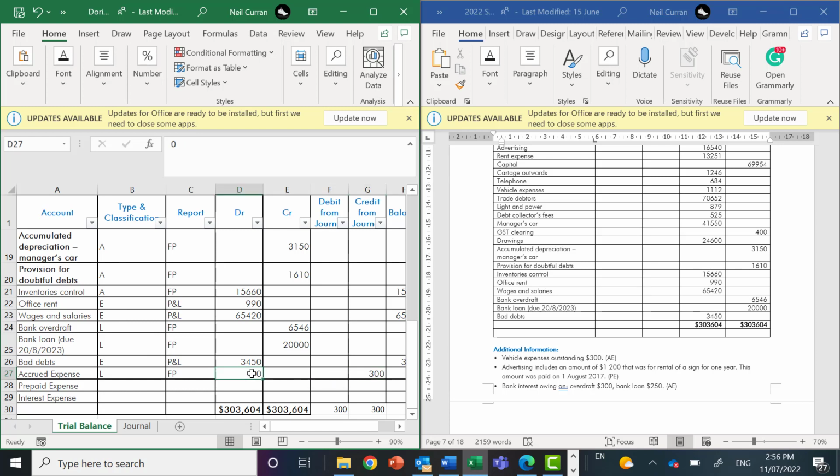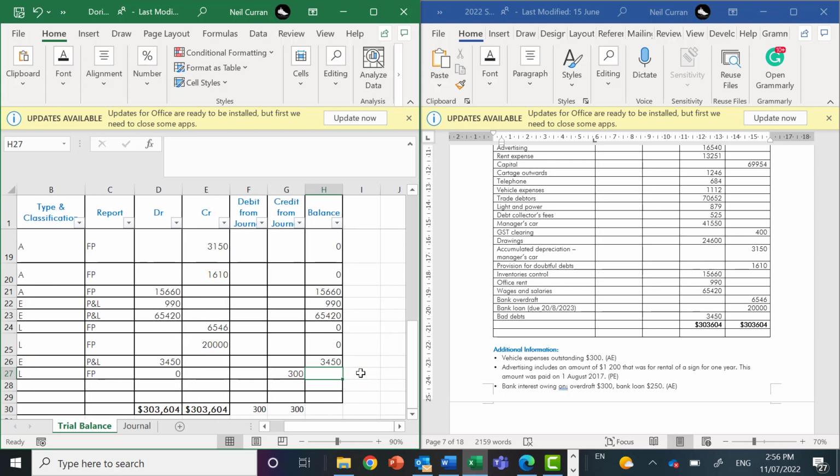Because this is a liability, a liability has a credit nature, so increasing it, because this is on the credit side of the journal, we are now going to add the 0 plus the 300. Another thing which you need to work out is to make sure that your journals always equal. In other words, the debit side always equals the credit side. And as we can see here, both sides are equal to 300 at the moment.